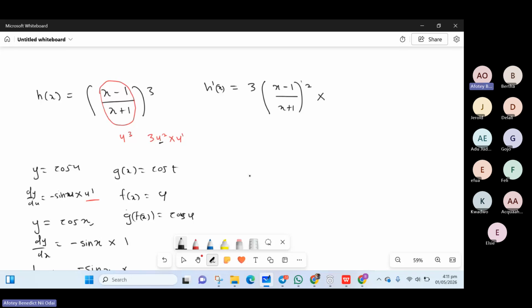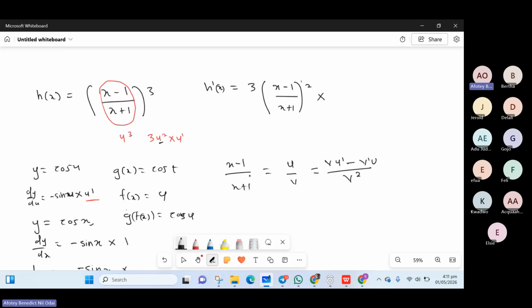This x minus 1 on x plus 1 is the quotient rule, right? And you can break down your solution and solve it. That way, when you have an error or something, it makes it easier for you to identify. So the quotient rule follows the formula: the derivative of u on v is equal to v squared in the denominator, and you write v u prime minus v prime u.